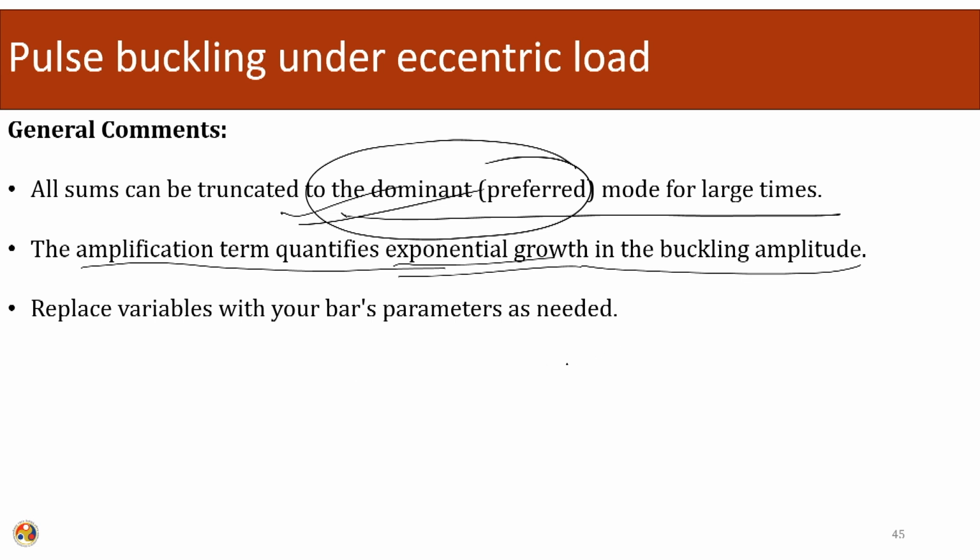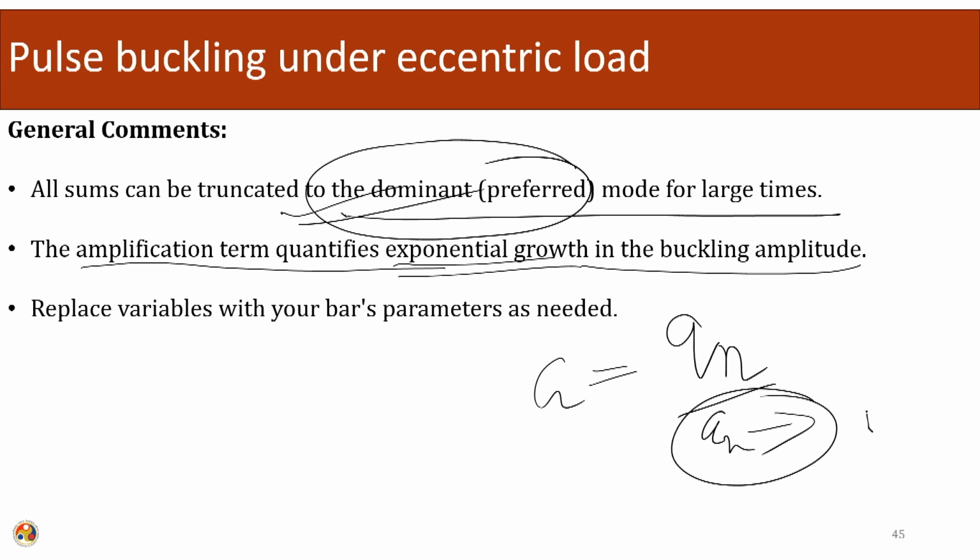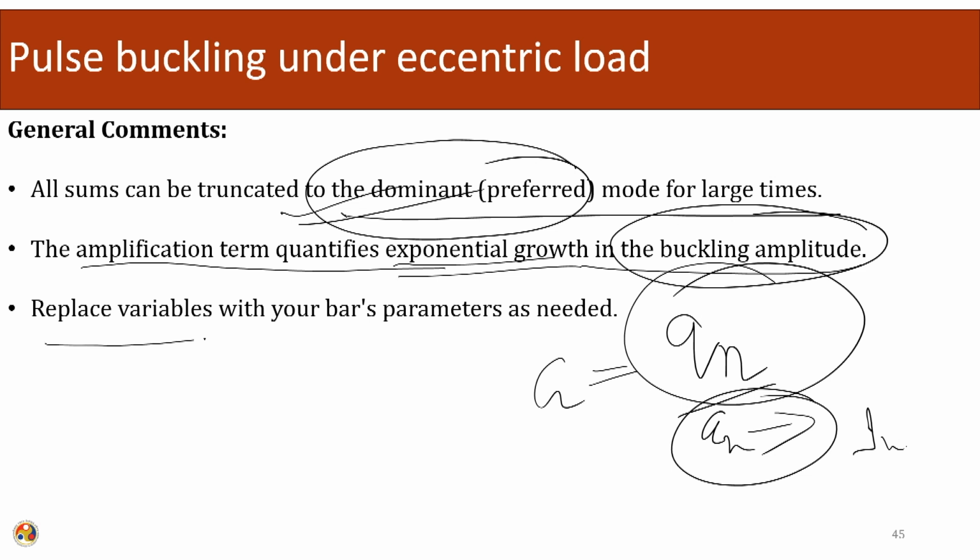The amplification term G, as we have seen earlier, is a function of Qn and An, where An is given by the initial imperfections and Qn is the contribution of the buckling modes. So, here we can replace these variables with the bar parameters that are required, and we can calculate the buckling amplitude and the other preferred modes.